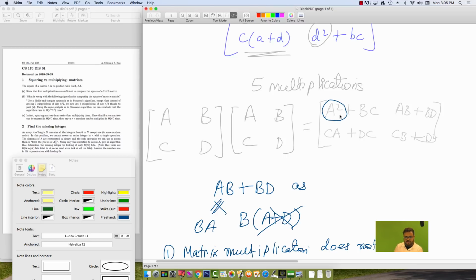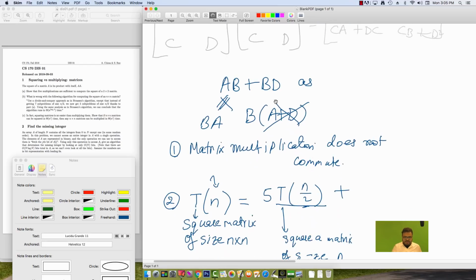This one is squaring a matrix of size n over 2. That is true. N over 2 cross n over 2. So this is fine. But this is not. Even if matrix multiplication did commute and we did have 5 multiplications, this doesn't make any sense because this is a problem of multiplying matrices.